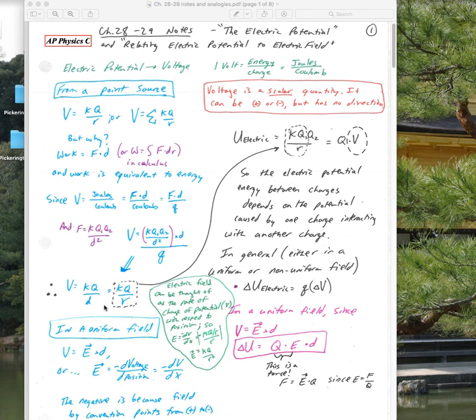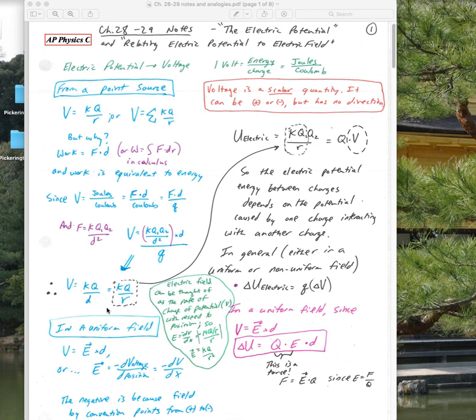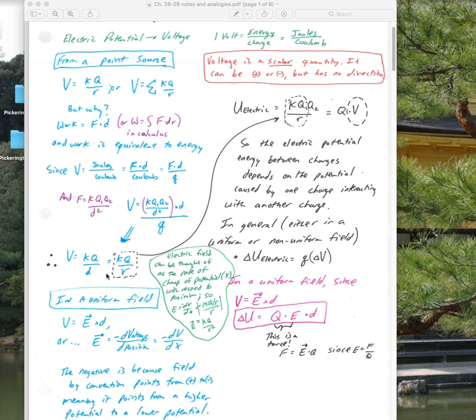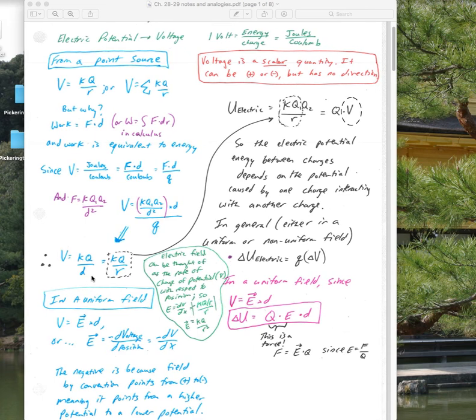Now, we've already figured out that electric field strength from a point source is KQ over R squared. We'll talk about that in a little bit and how those relate to each other. Basically, how rapidly voltage is changing with respect to distance is another way to think about electric field strength.